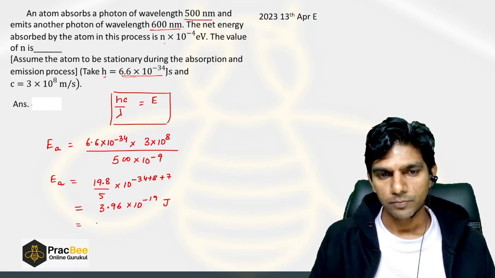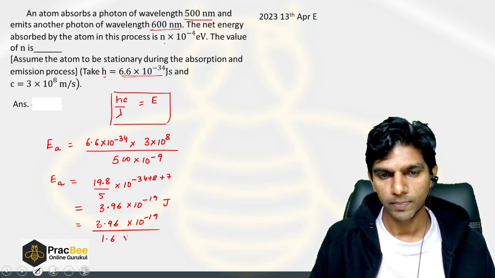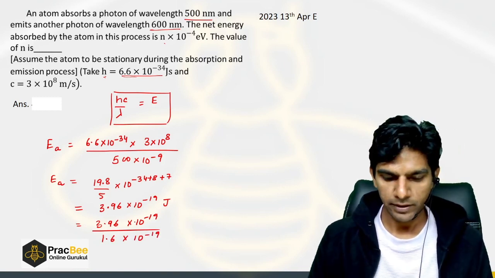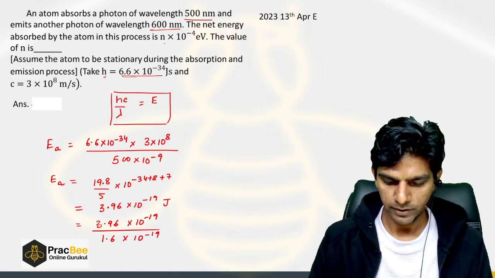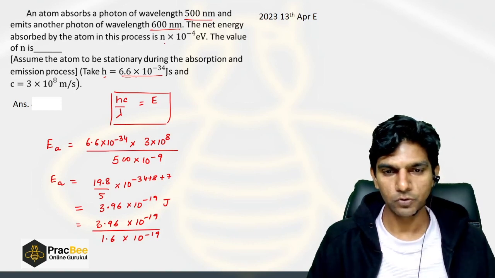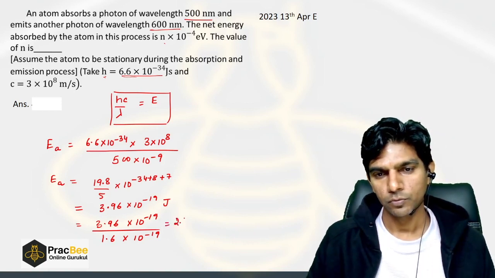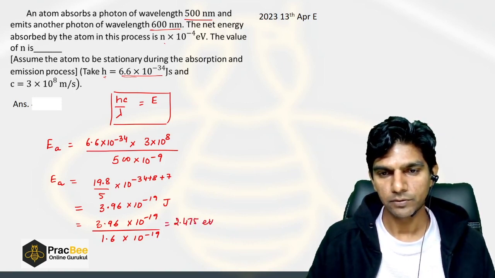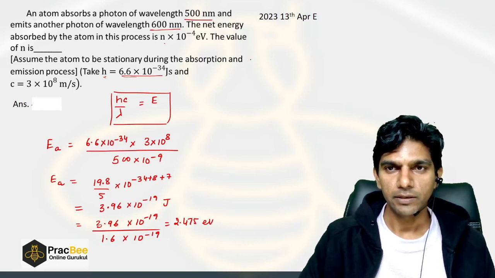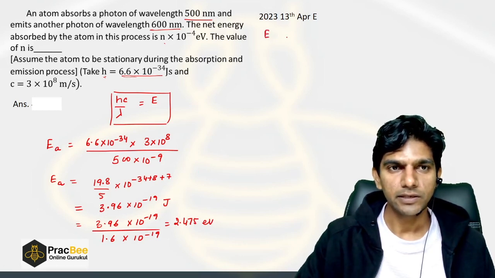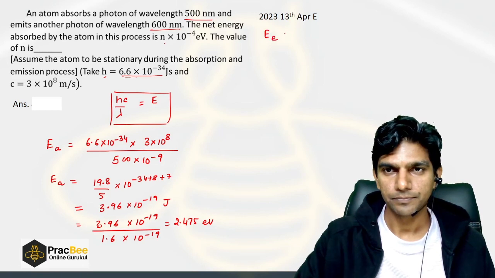So this will become 3.96 into 10 raised to power minus 19 upon 1.6 into 10 raised to power minus 19. If you simplify this, 3.96 divided by 1.6 comes out to be 2.475 electron volt. Now let us calculate the energy of the released or emitted photon.